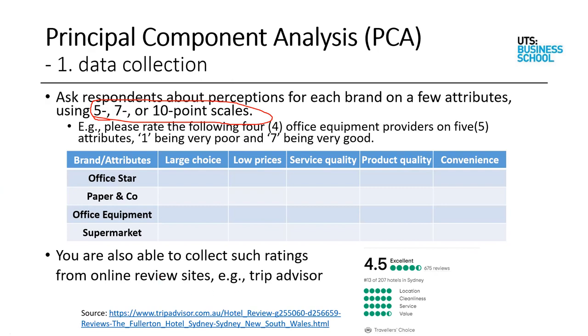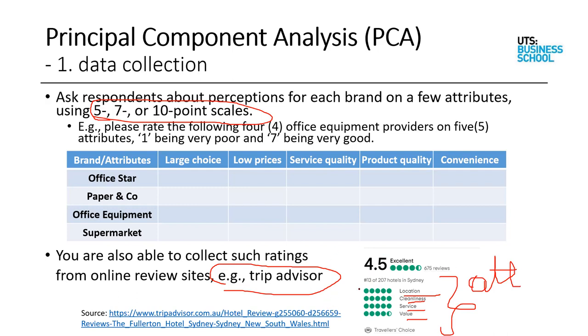So let's say you're comparing 4 to 5 hotels, then you could go to product review websites such as TripAdvisor for hotels, and you can collect the average ratings. The good part is the average ratings are given over there on different dimensions, for example, location of the hotel, cleanliness, service, value. All these are attributes, and there is the overall average rating as well.